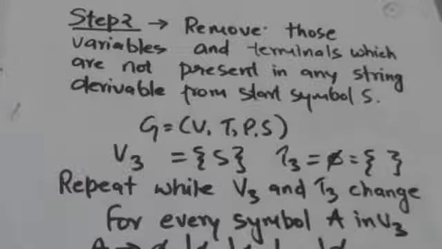So how do we remove such variables, terminals and productions?